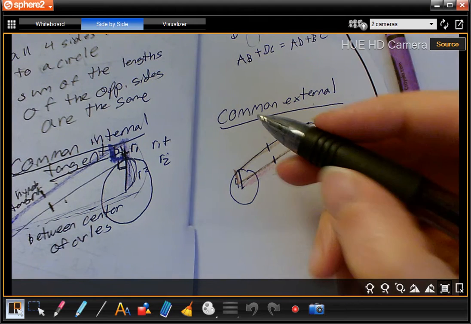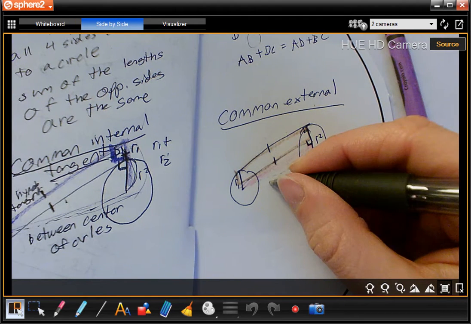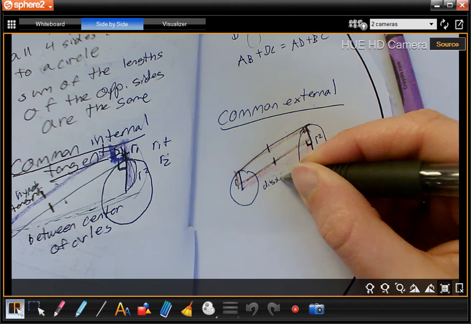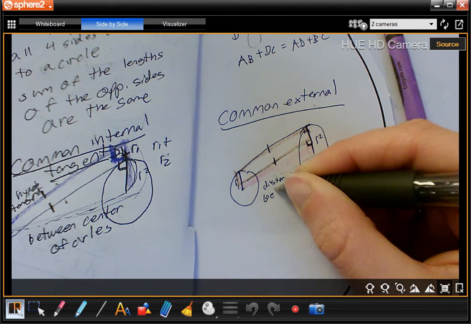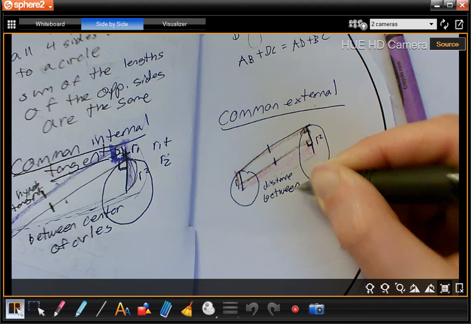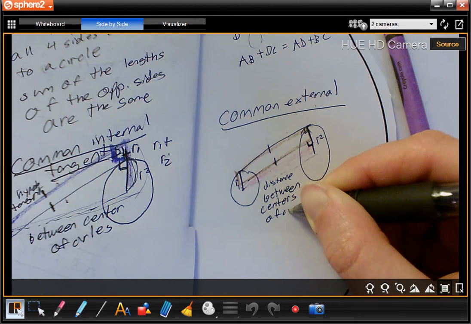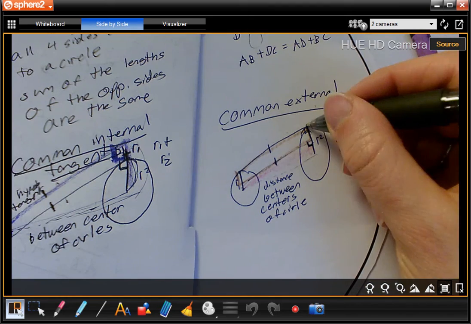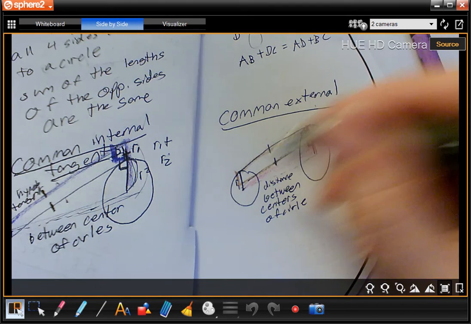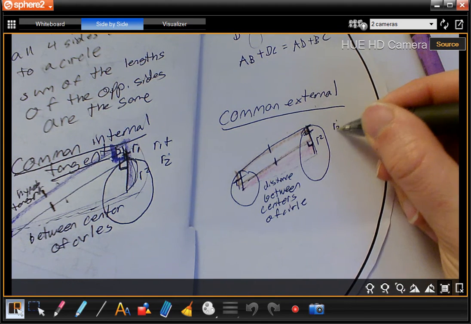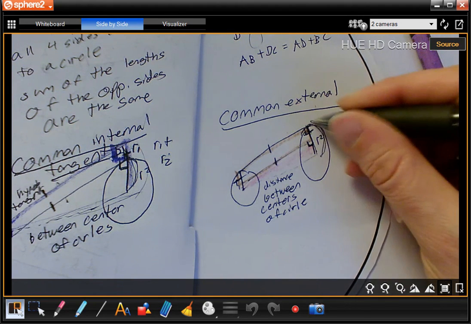Well, this is the distance between the two centers of the circles. And I'll just write that all out. Distance between centers of circles. And if this whole thing is R2 and this is R1, well, this is R1 and this is R1, so we could just go R2 minus R1 is this side.